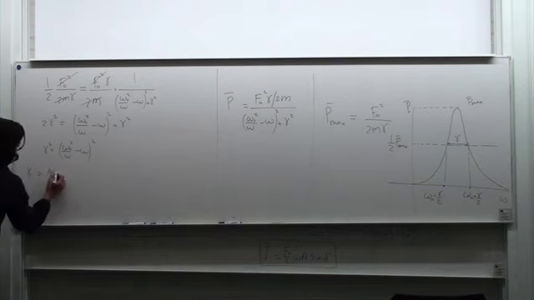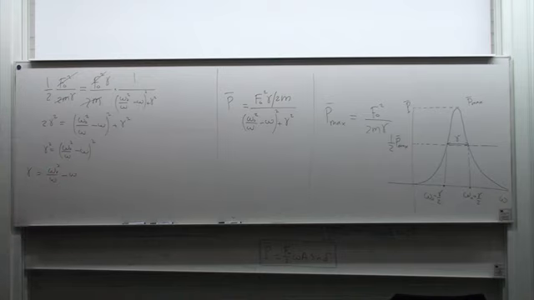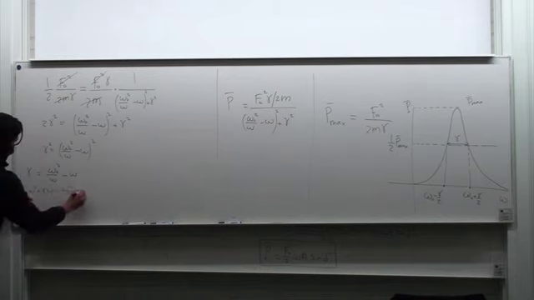Gamma is omega 0 squared over omega minus omega 0. Now if you multiply by omega and then move this to the other side, you have omega squared plus gamma omega minus omega 0 squared equals 0.